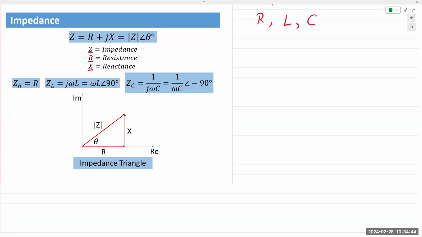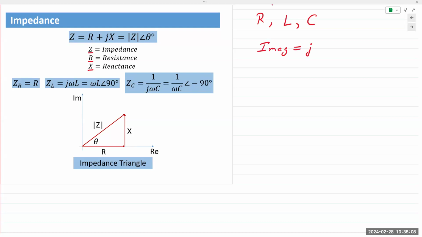So always be aware of that fact. As a side note, the imaginary number in electrical engineering is represented by J and not by I. Okay, I is used for current, and so we use J.